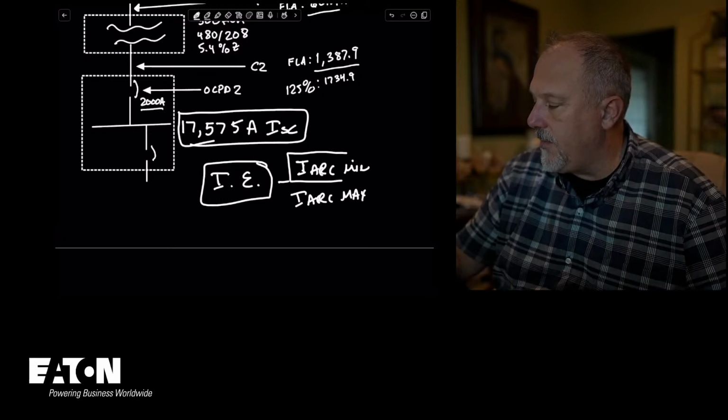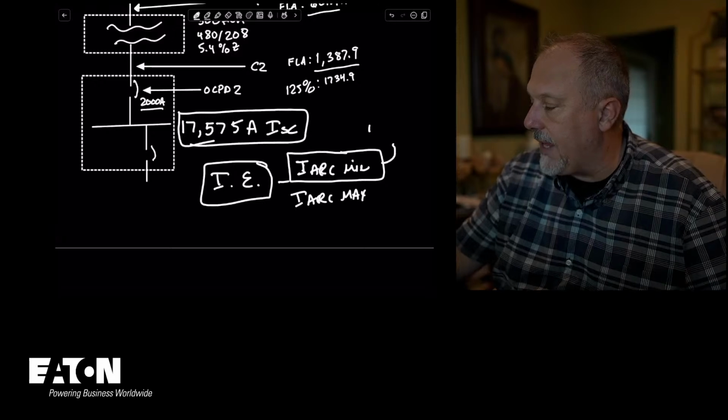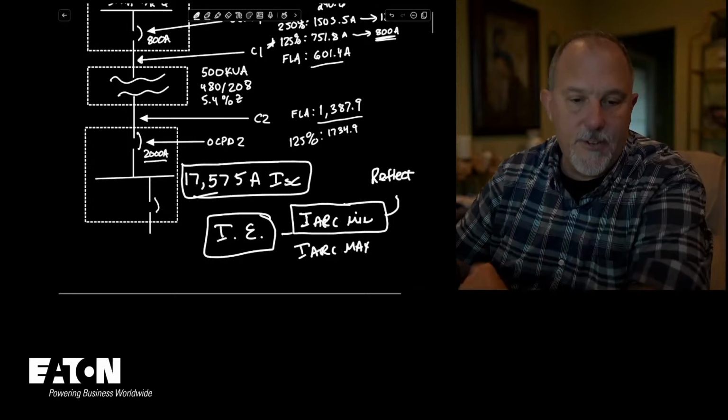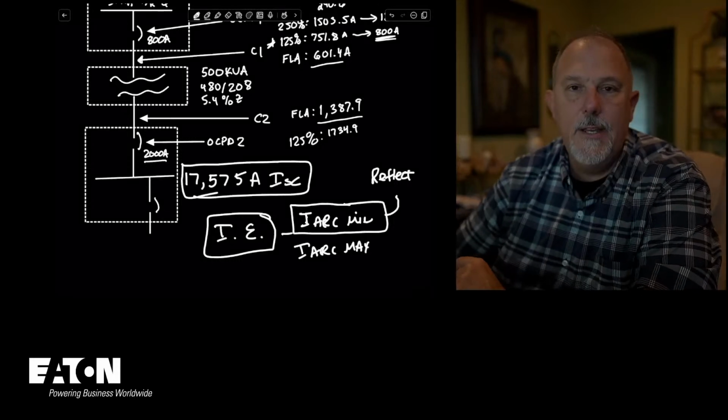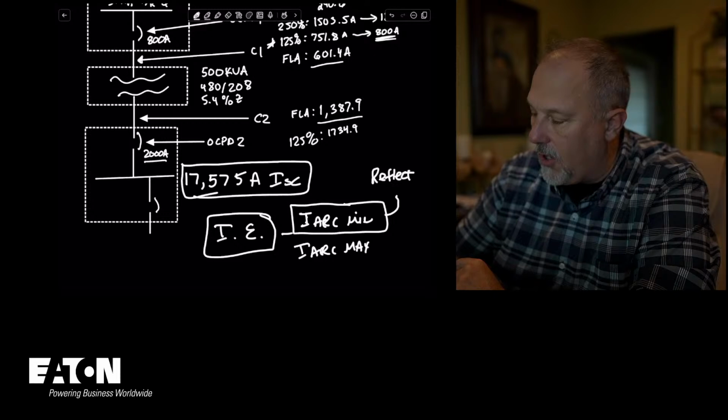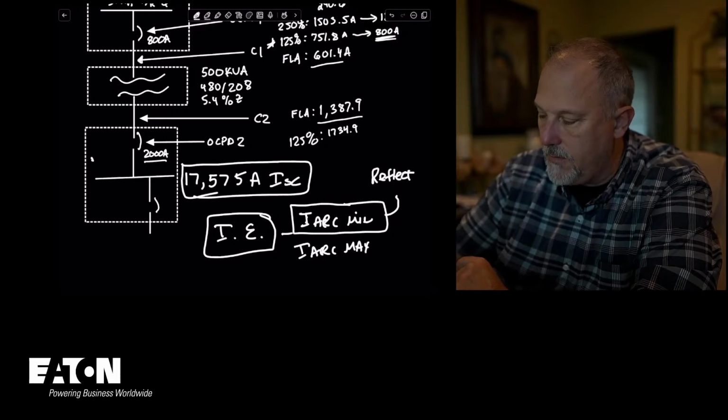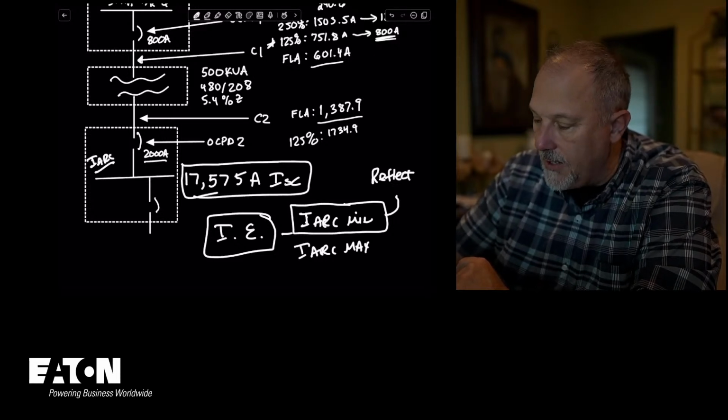And minimum is going to be my worst case. I'm going to reflect, because remember, the incident energy in this secondary panel board is determined by the arcing current at the panel board. So I arc here.